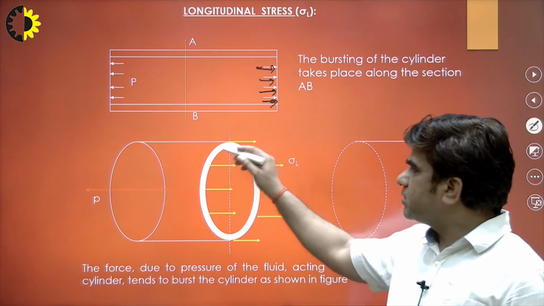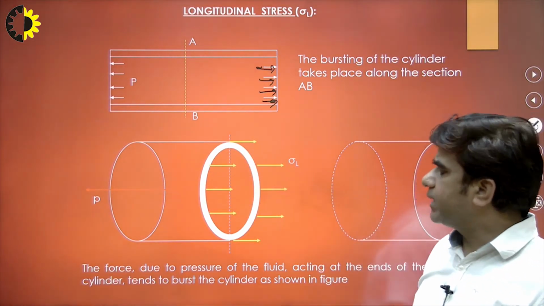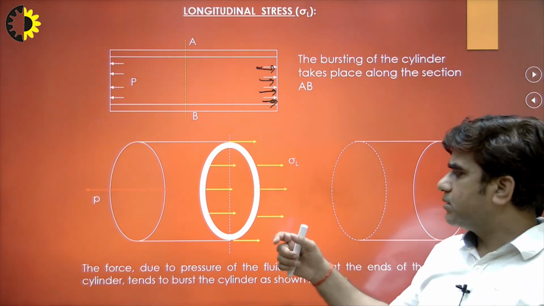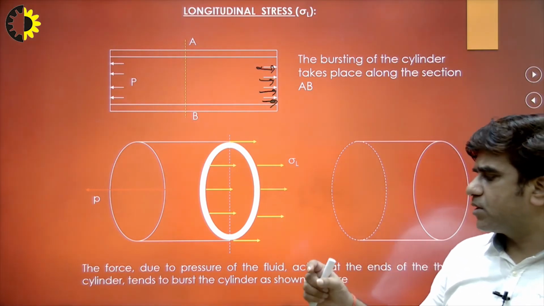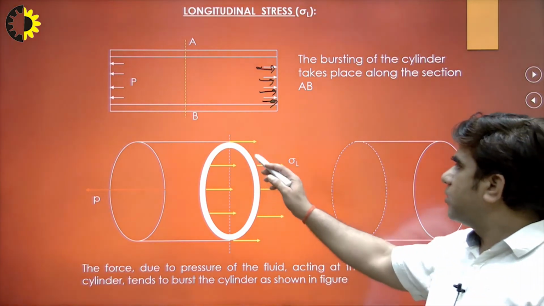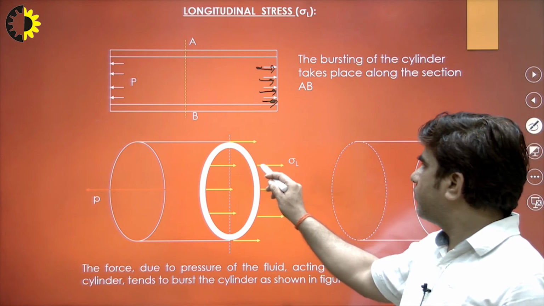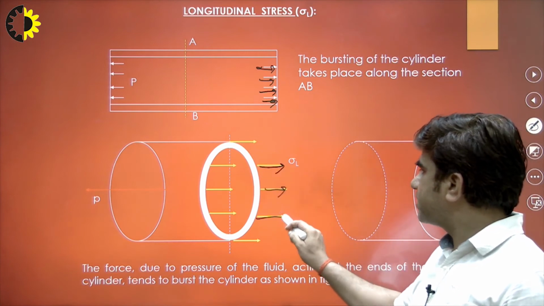So suppose, as I know, the ends are circular, and the thickness of that circular plate is say T. So longitudinal stress will act in this direction.